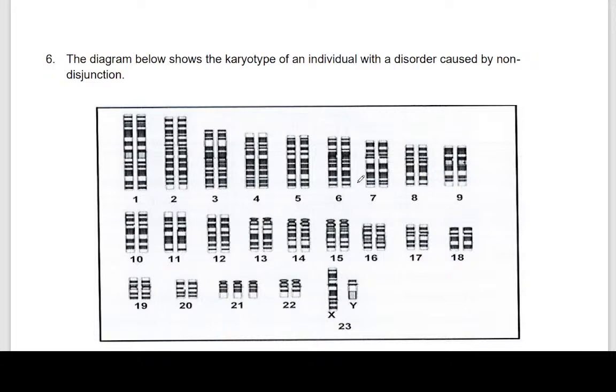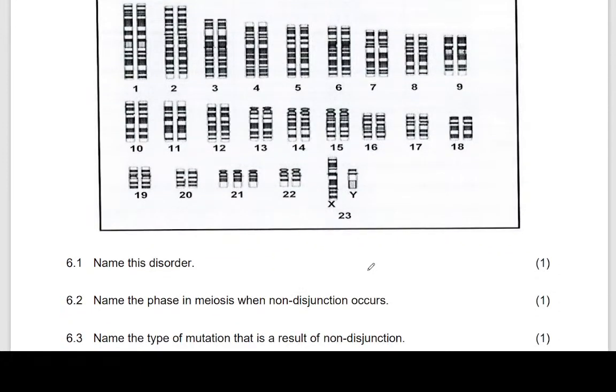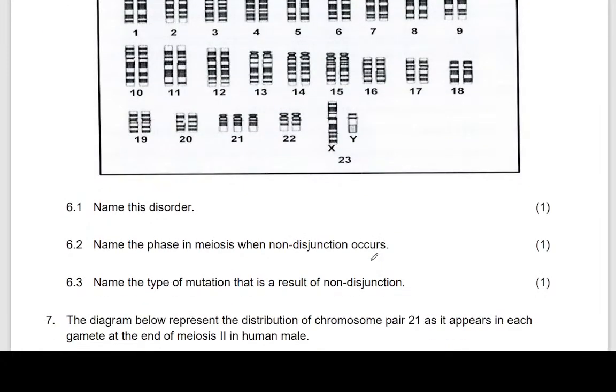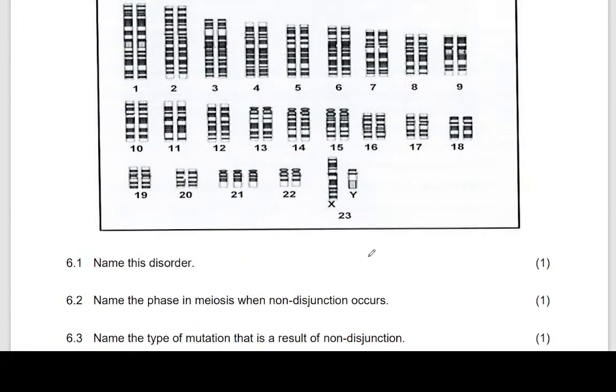So now this is another karyotype. Is it a human karyotype? We shall see. Yes, because of the 23 pairs of chromosomes. But there is something which we are hiding there. Let's see. Name the disorder represented. Where is the disorder? In most cases, when they talk about a disorder, we are talking about chromosome number 21.